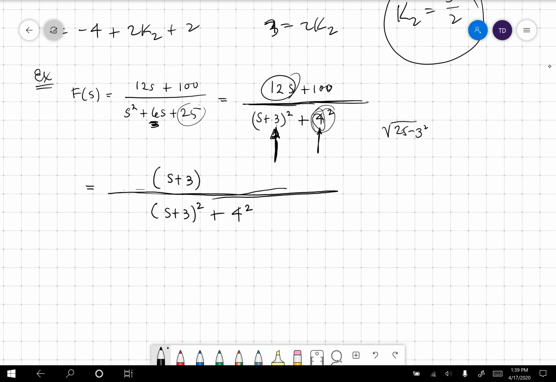Other people will take the sine and the cosine. And if you remember correctly, I told you that A times the cosine of omega t plus B times the sine of omega t can be transformed into the square root of A squared plus B squared times the cosine of omega t minus the tan inverse of B over A. I don't know if you remember that.